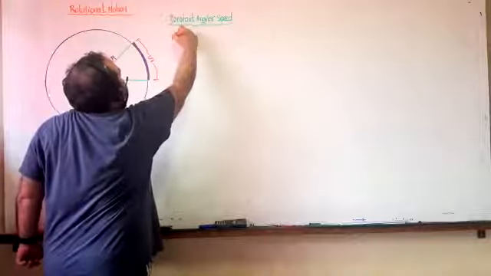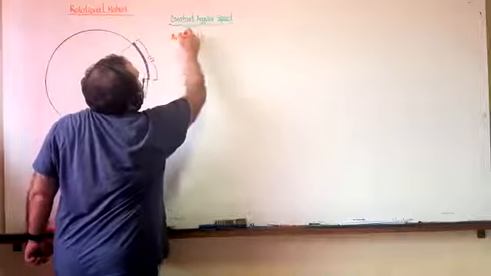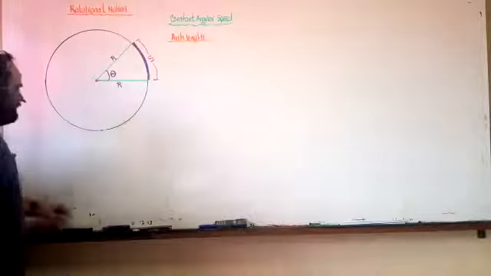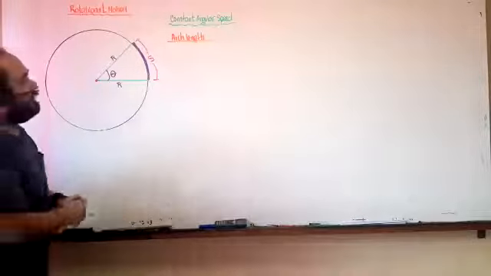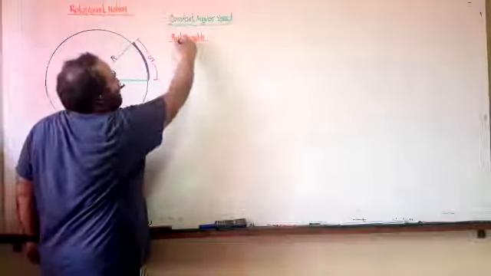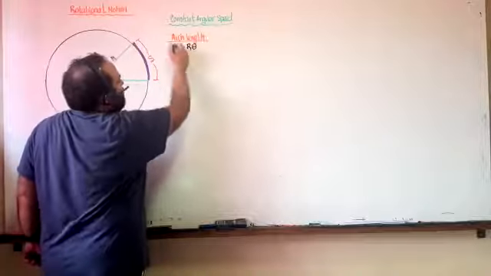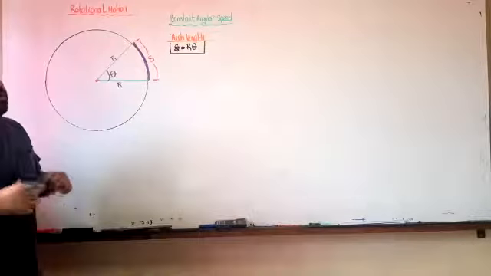So, arc length. How can we calculate the arc length? The arc length, in the physics definition, the letter S, can be obtained by multiplying the radius r by the angular displacement, or the angle.